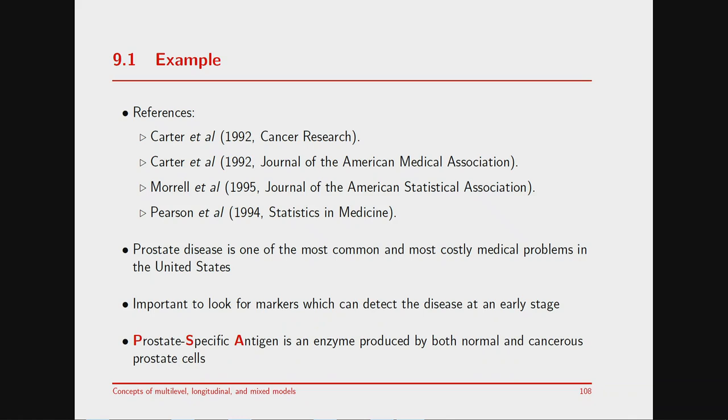Clinicians apparently for quite some time have been looking for easy ways to detect prostate cancer as early as possible, because apparently prostate cancer is a type of cancer that can develop for quite some time before you start noticing it.